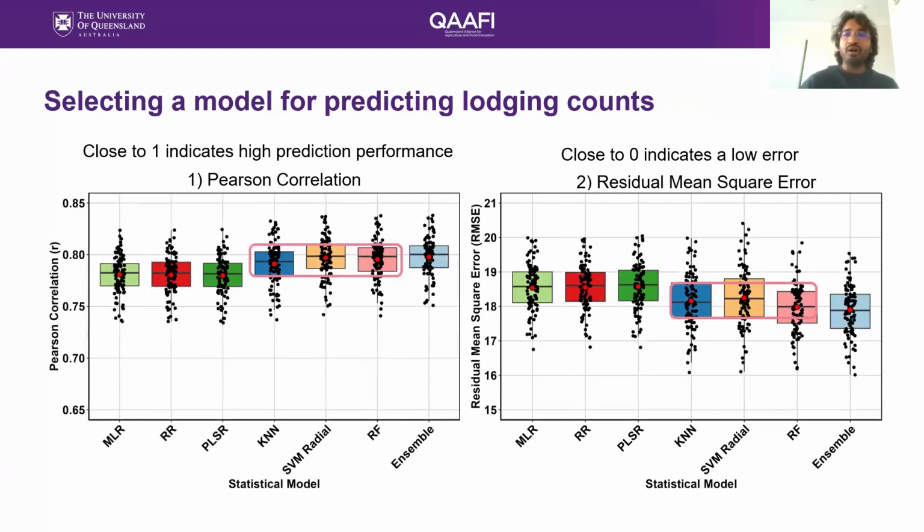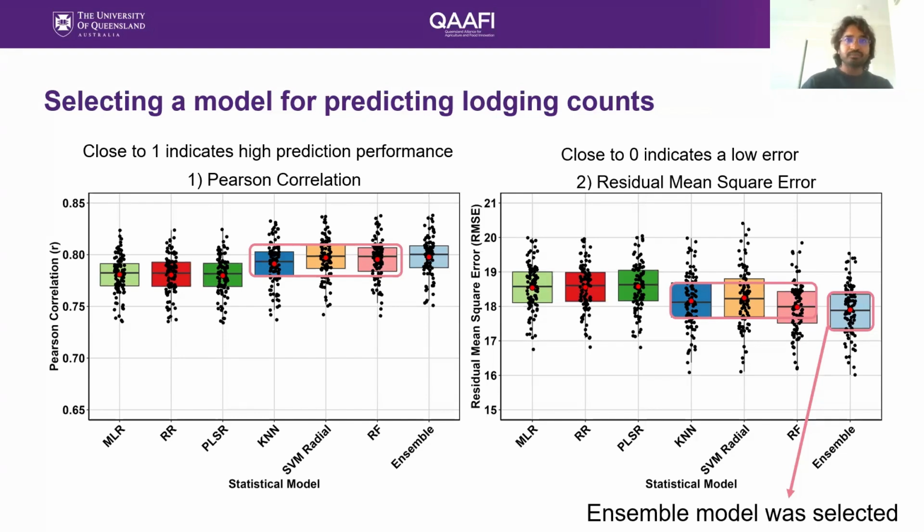When comparing all the models, we observe that in general, non-parametric models outperform parametric ones. However, our study found that the ensemble naive average performed slightly better than the other individual parametric and non-parametric models. This is because each individual model captures different aspects of the data.